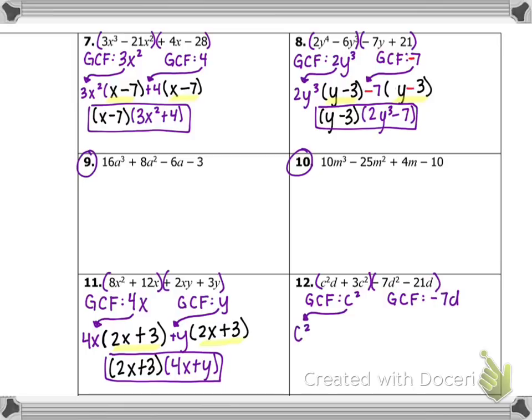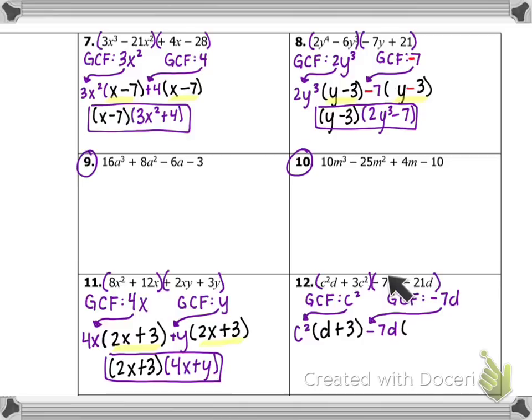Okay, so let's rewrite our GCF on the outside of the parentheses and then divide out. So c squared d divided by c squared. Well, the c squareds just cross off, right? So we're just left with d for our first term. And then we have 3c squared divided by c squared. Well, if I have c squared, I take away c squared, there's no c squareds left. I'm just left with a 3 for my second term. Then I'm going to drop down the GCF, negative 7d. What am I left with?